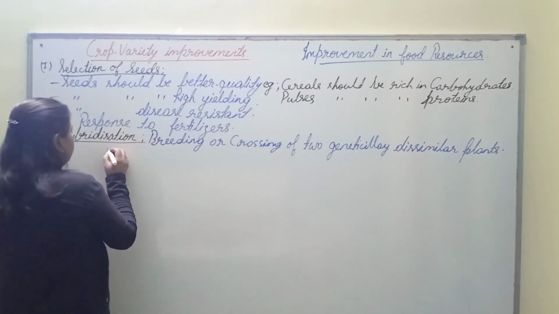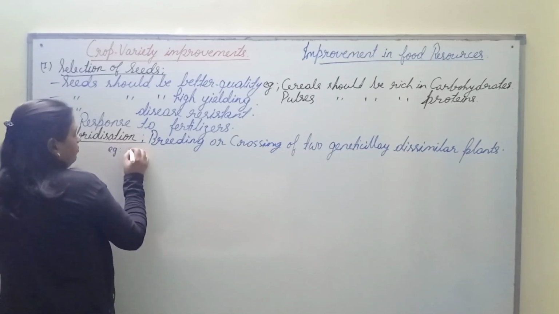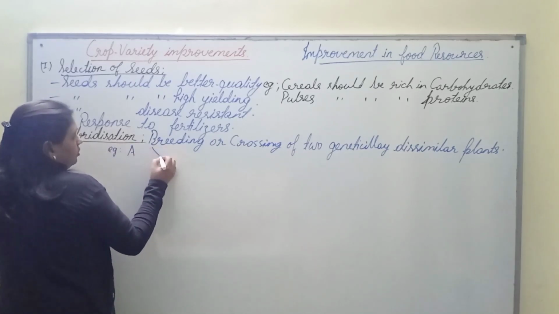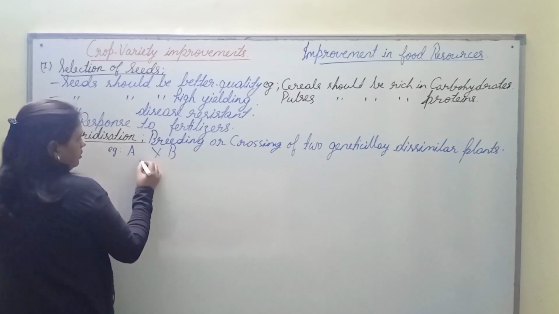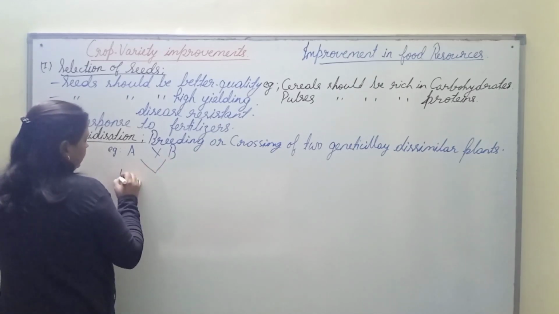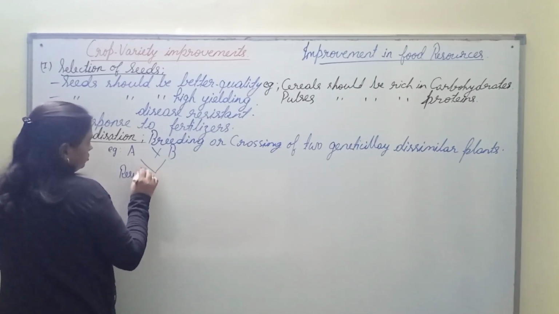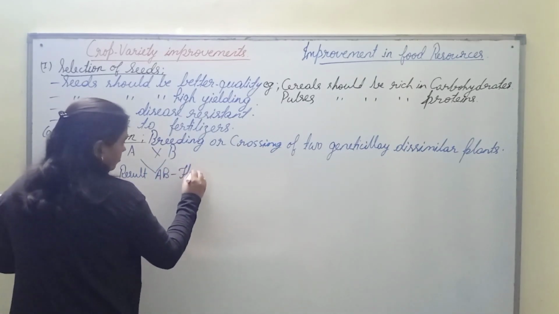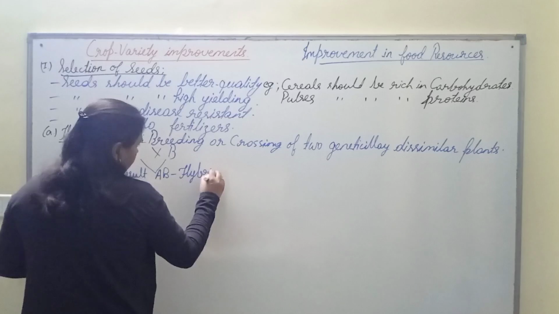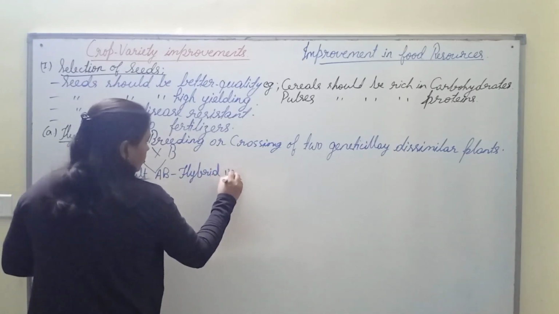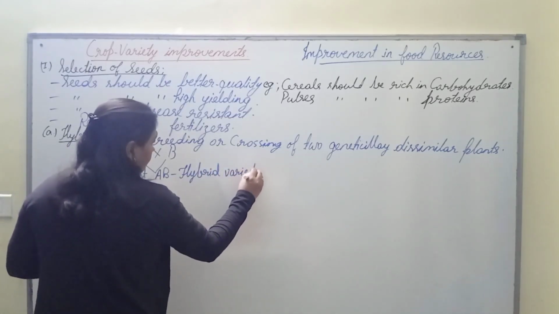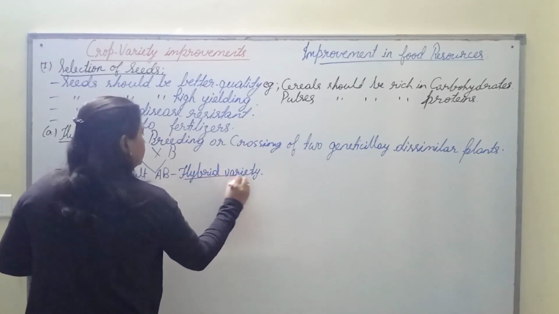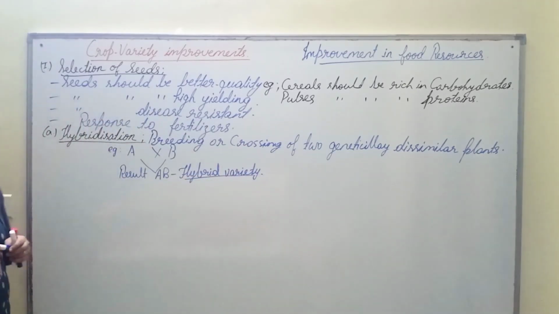As for example, if A is crossed with B, what will we get? We will get the result AB. This AB is called a hybrid or new variety. So this is the result of hybridization.